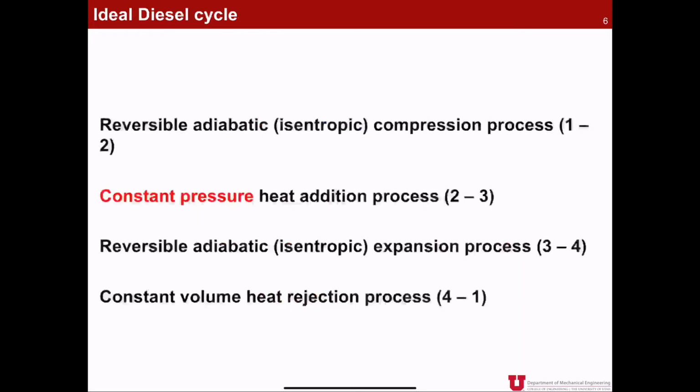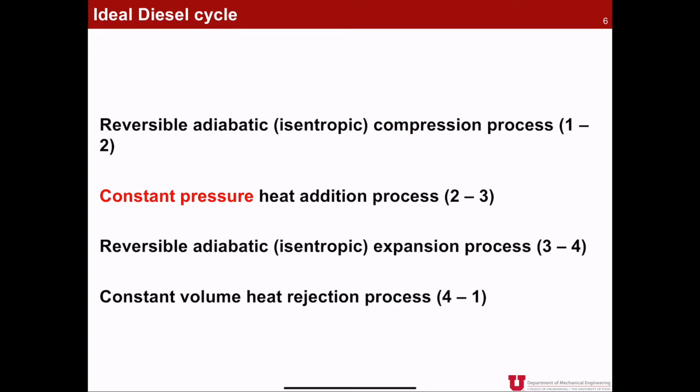So let me introduce the ideal diesel cycle. The ideal diesel cycle should have 4 processes. The first process is, again, because that is very ideal, the compression process, which should be very ideal.